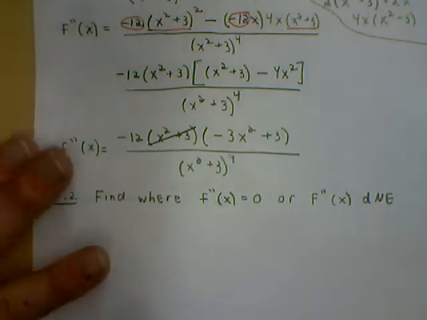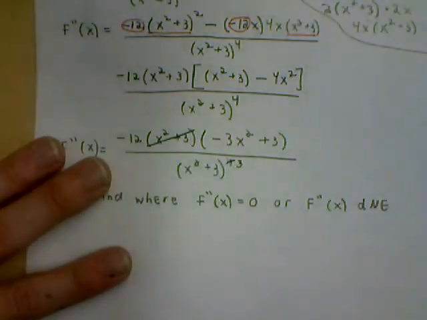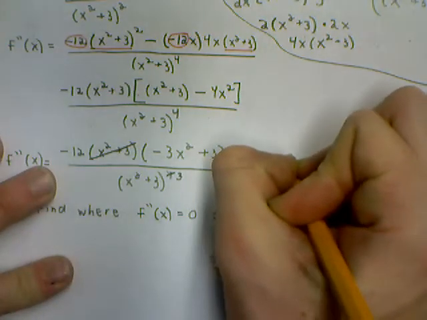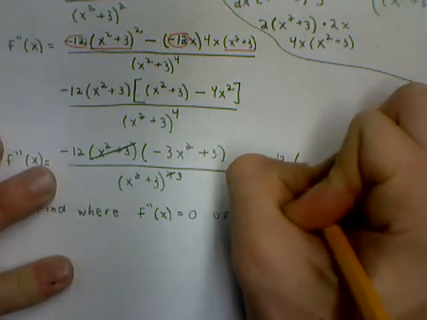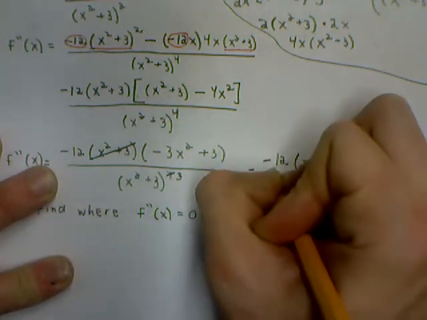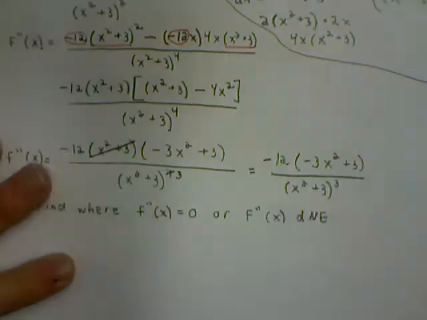This x squared plus 3 cancels with one of them down here. So now I have negative 12 times the quantity negative 3x squared plus 3 all over the quantity x squared plus 3 to the 3rd power.